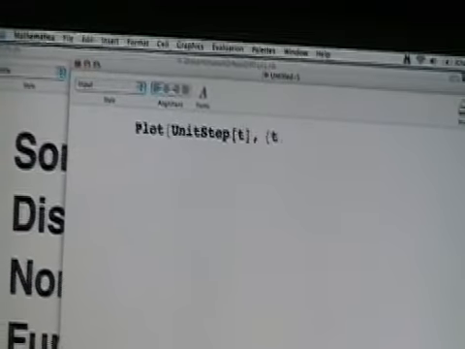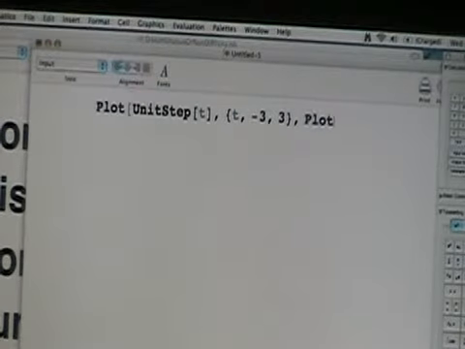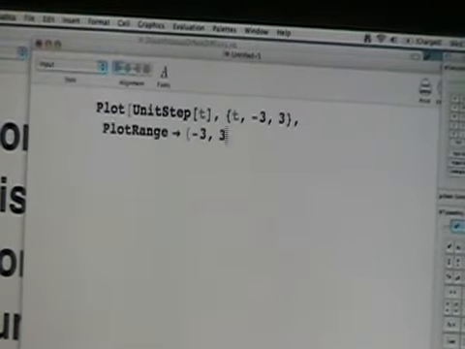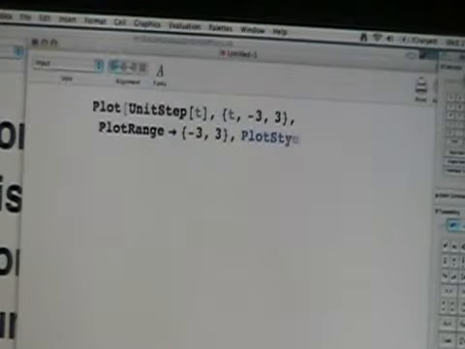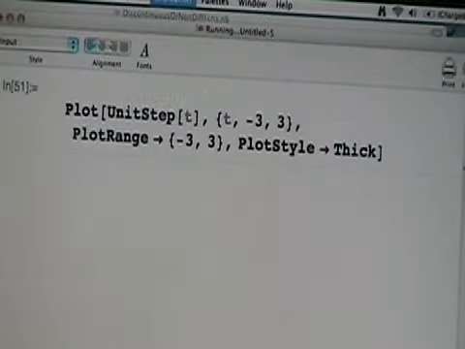The Heaviside function with jump discontinuity at t equals 0 can be plugged into Mathematica in a couple different ways. You can either use UnitStep of t, where t goes from, let's just graph this over -3 to 3. UnitStep will do it.